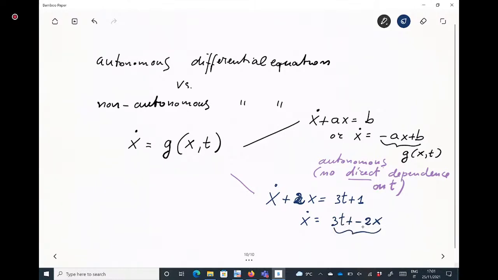Again, this is a g of x, t, depends on x and t. There is both a direct dependence on t and an indirect dependence on t through x. So this is a non-autonomous equation.